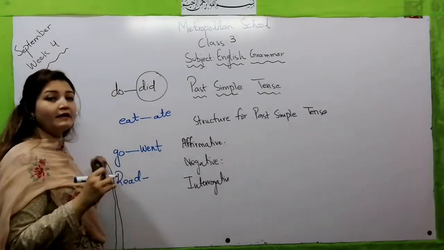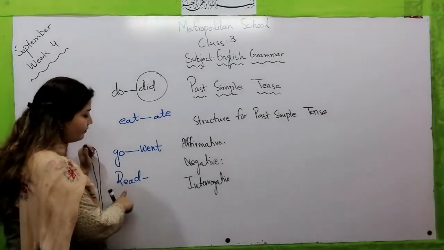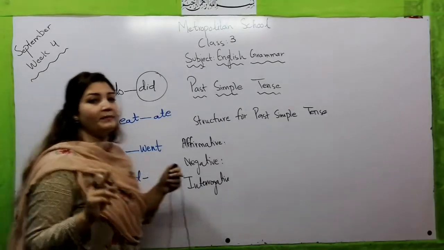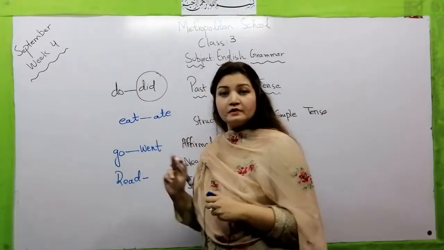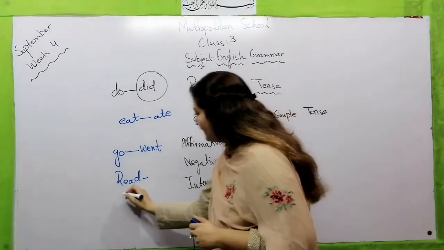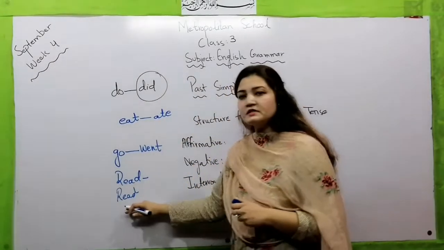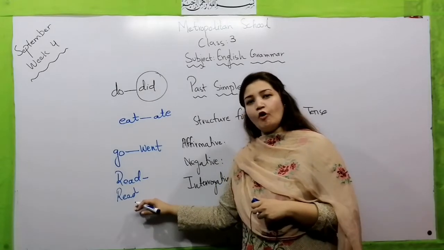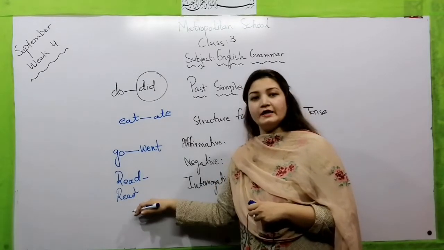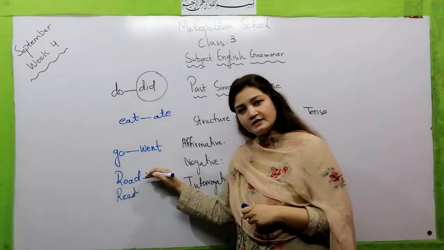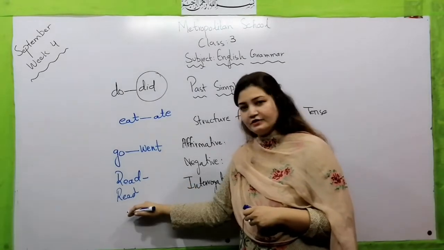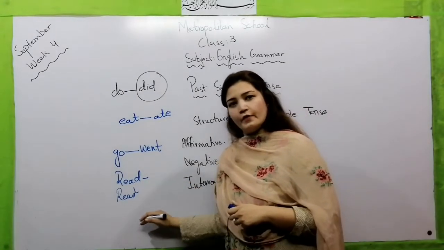If we want to find out the second form of this verb, the spelling will remain the same, but the pronunciation will be changed. The spelling will remain as R-E-A-D, but the pronunciation for the second form will be changed. The first form is read and the second form is read, but the spellings will remain the same.